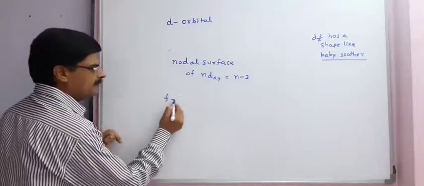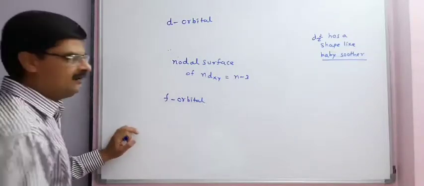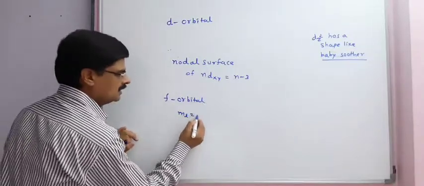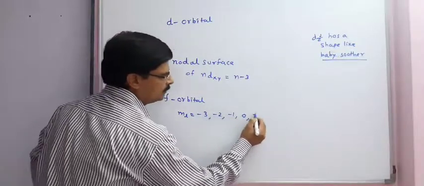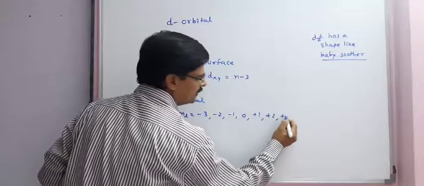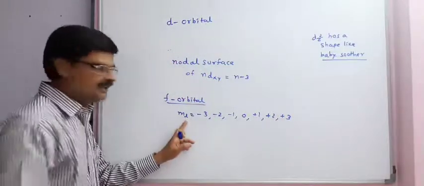Now the f orbital. If ml values are minus 3, minus 2, minus 1, 0, plus 1, plus 2 and plus 3, then the total number of f orbitals is 7.